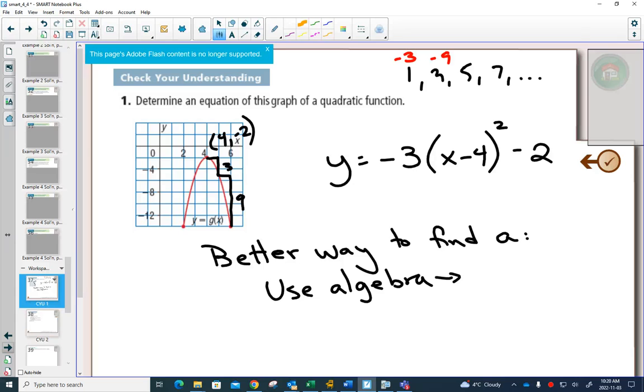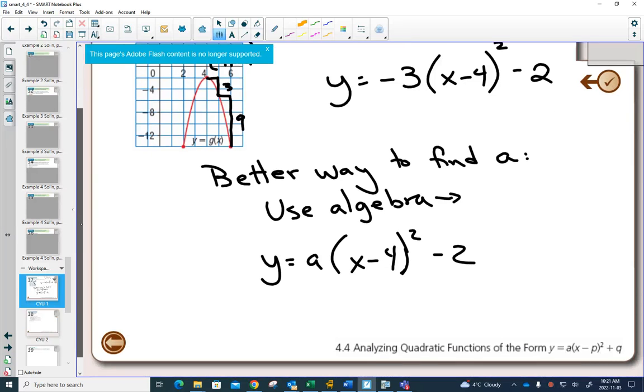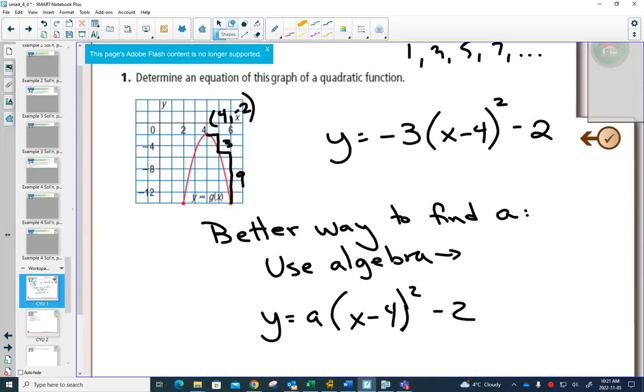What we know, and we plug in, since we know the vertex, we know that our equation is going to look like this. That's our equation without knowing the A value. Then we choose a point other than the vertex.